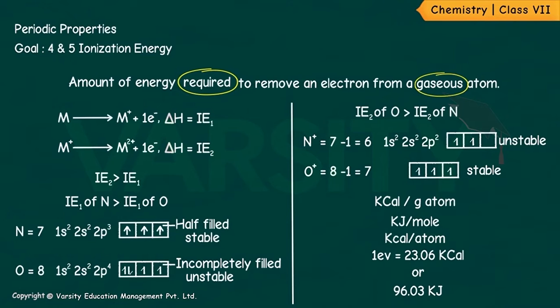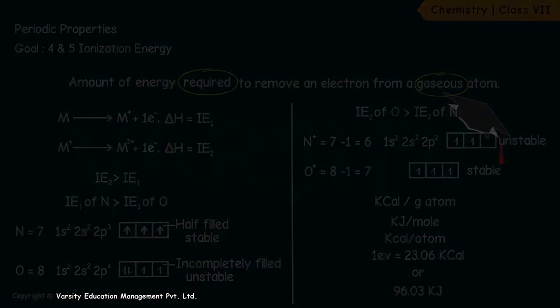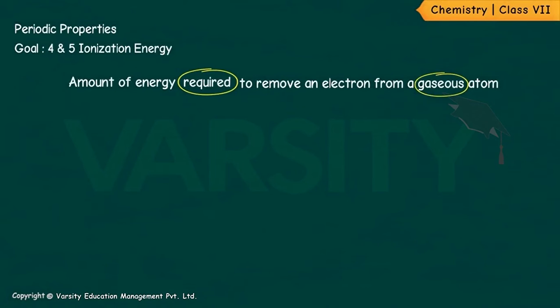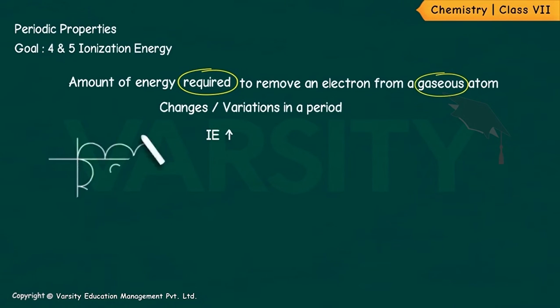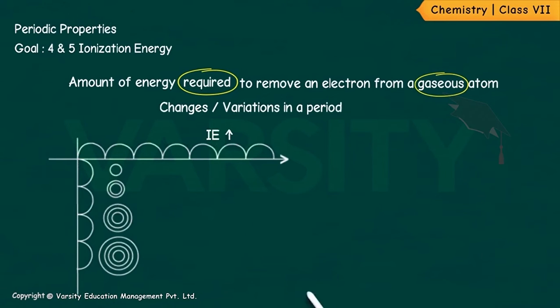Furthermore, the ionization energy increases from left to right, but when we move down the group, the differentiating electron has moved down and a new shell has been added. Due to the extra energy shell, atomic size increases and the distance between nucleus and valence electron increases.